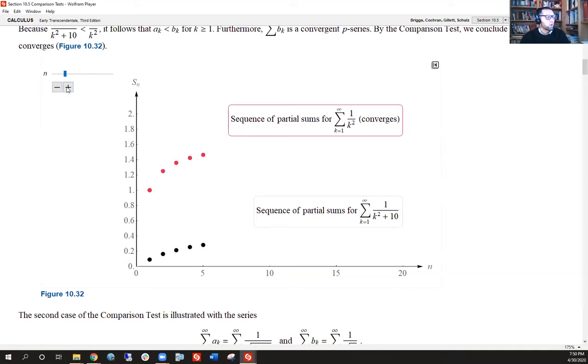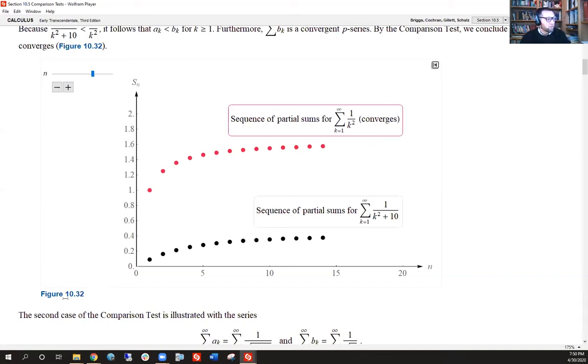This one is actually the sequence of partial sums, but if the terms in the known sequence converge and are above, then the unknown below series will also converge. So we get this idea that the known one converges, the one below it must also converge.